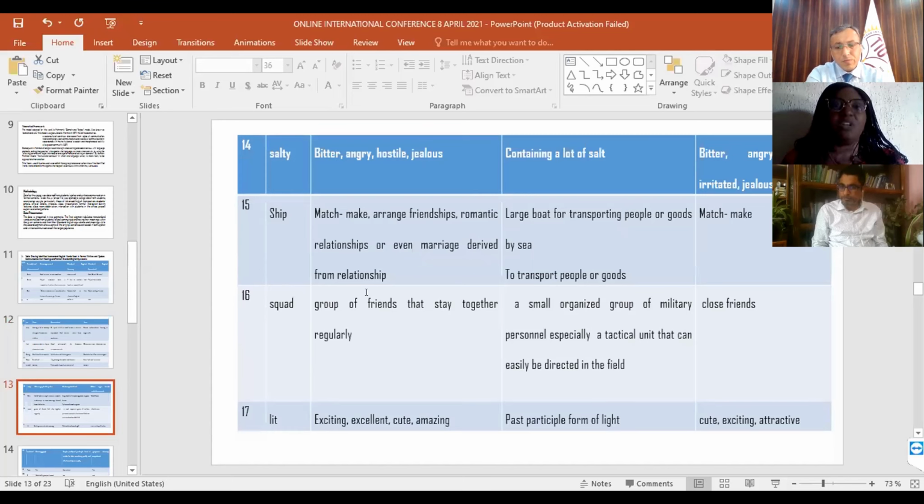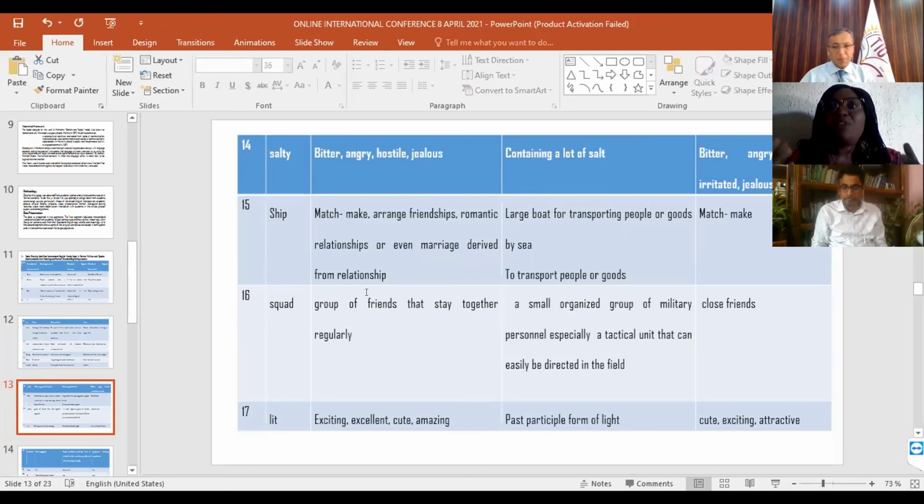Okay, we also have salty. Salty used in the non-standard and trendy varieties to mean bitter, angry, hostile, or jealous. But is that what we mean when we say, for instance, food is salty? No. We're not saying the food is bitter, angry, or hostile or jealous.